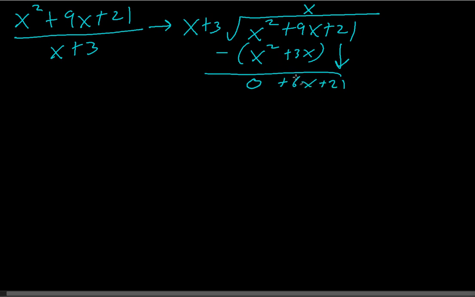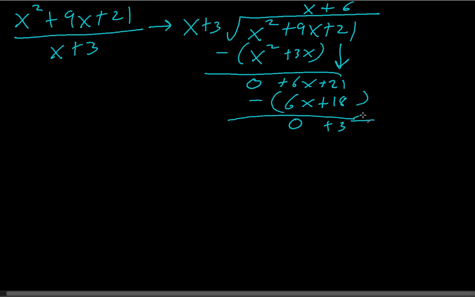Okay, now what do I multiply x by to get 6x? Well, that'd be 6, right? So 6 times x is 6x, and 6 times 3 is 18. And I want to subtract. So 6x minus 6x is 0 by design. 21 minus 18, well, that's 3. Okay, what do I multiply x by to get 3?